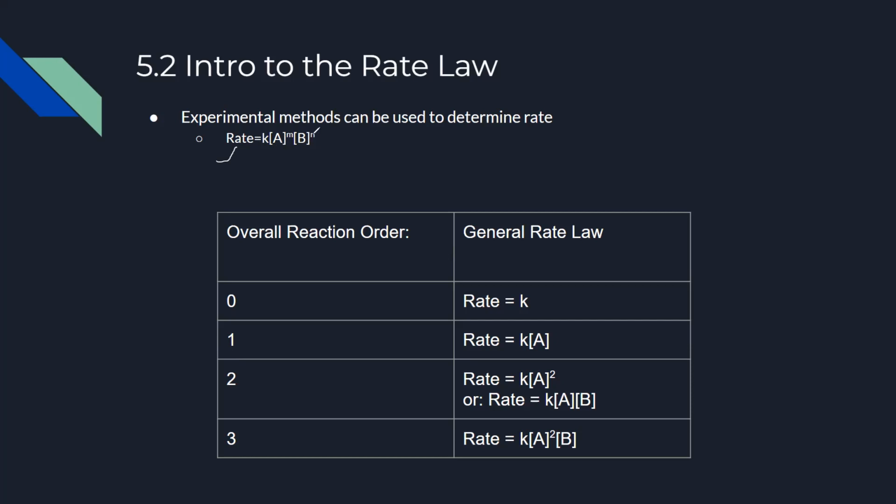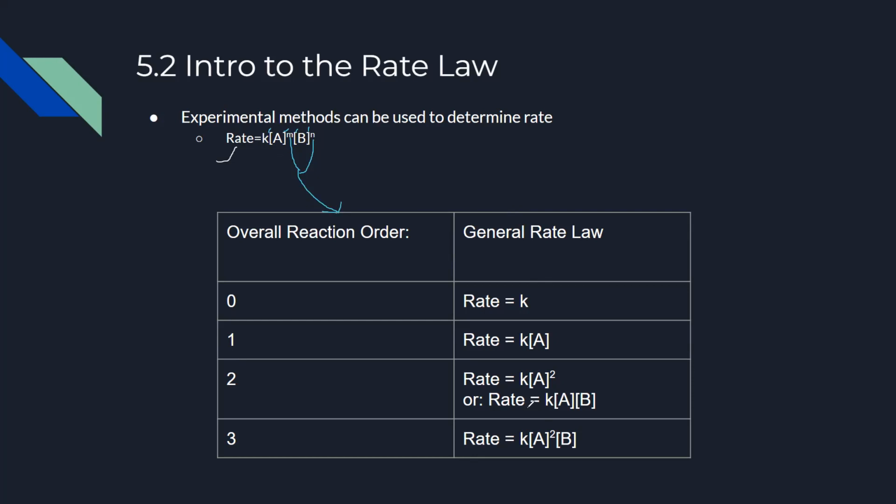The brackets for A and B, I'll change my color, basically denote concentration of reactant A and concentration of reactant B. K is the rate constant, and M and N are rate orders, reaction orders, my bad. And all of these work up to create the rate law.